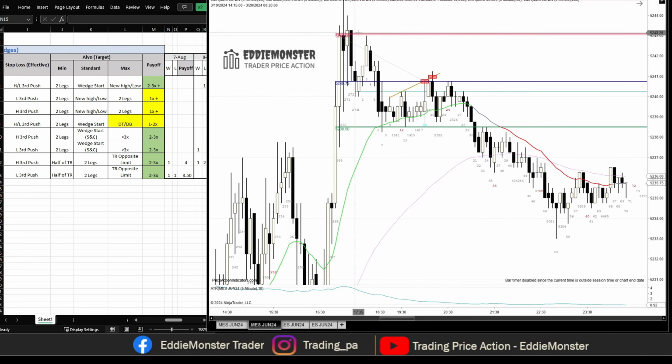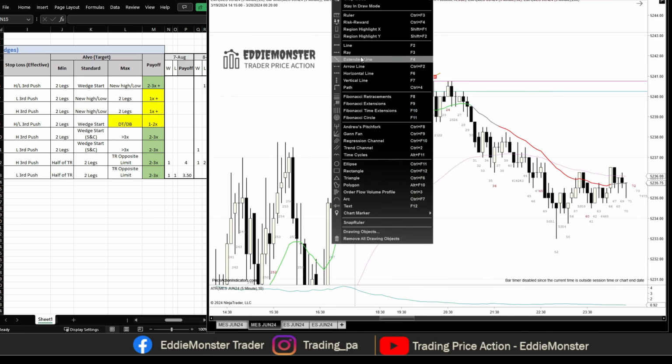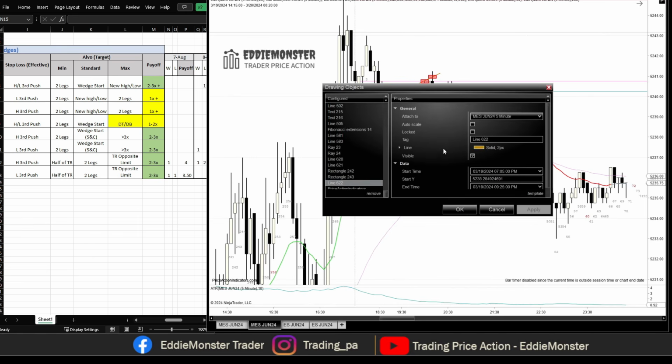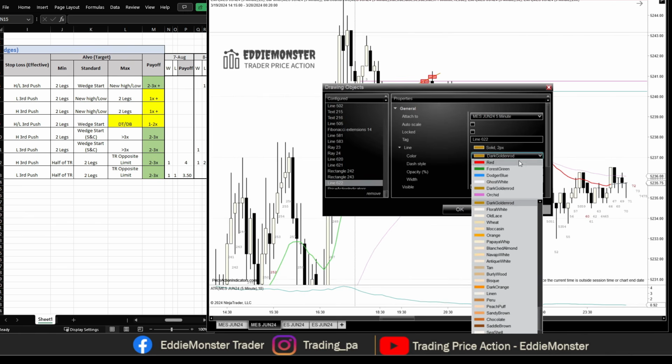What are the targets? Let's say these targets. We are in a trend, so the minimum target is 2 legs testing this start of the wedge. That is the start of the wedge, and that's the minimum target, right?